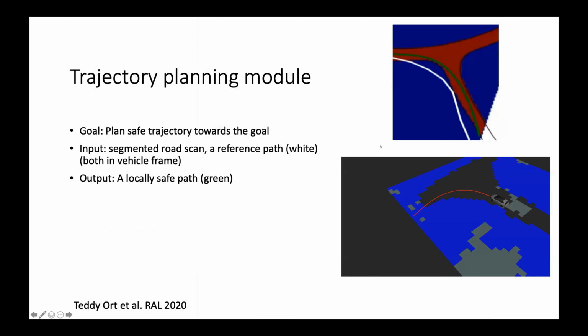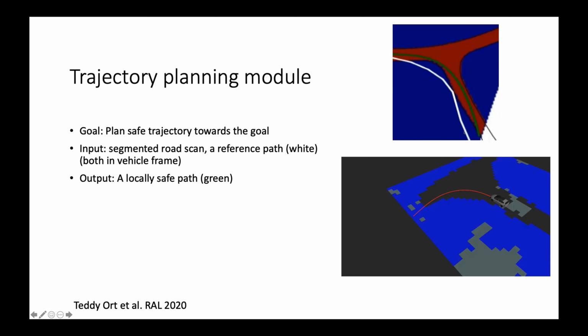And we have the trajectory planning module. The goal of this module is to plan a safe trajectory towards the goal. You have the segmented road and an initial reference path. The reference path is almost always outside the road because it is not accurately localized with the map.